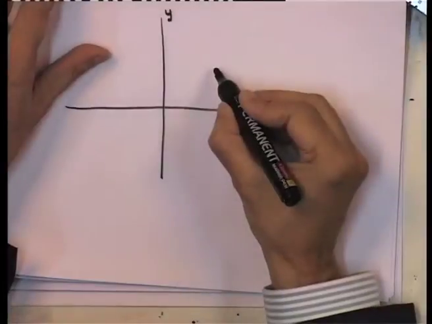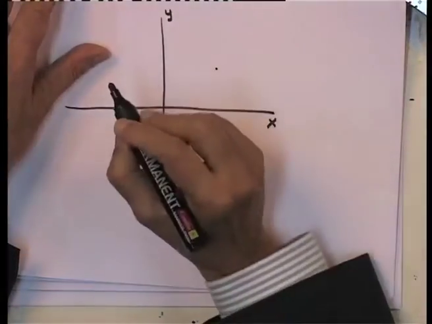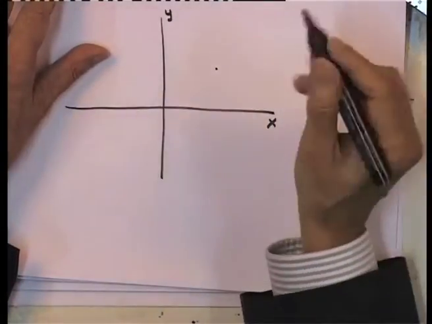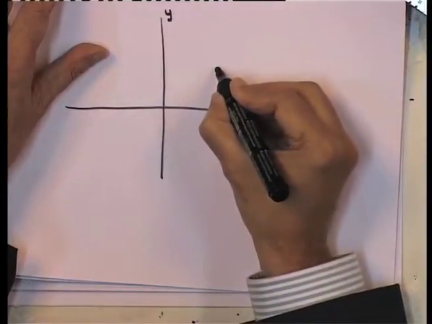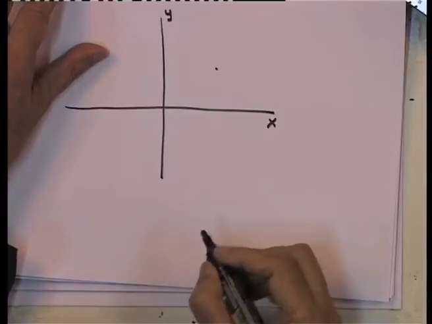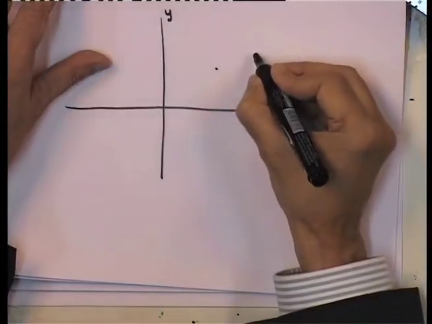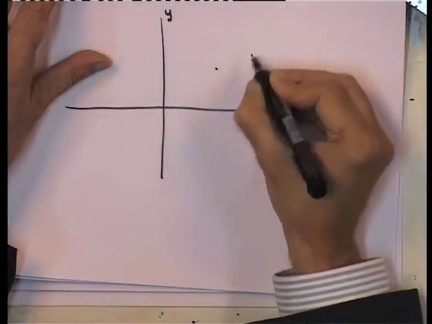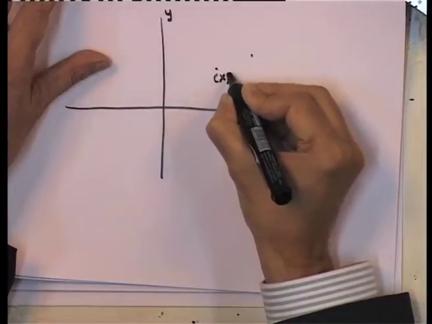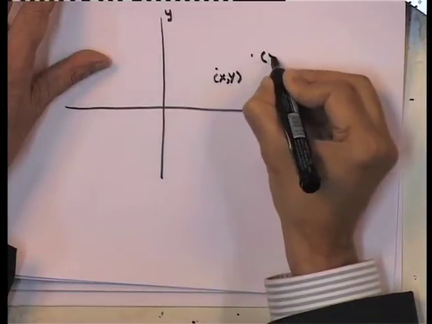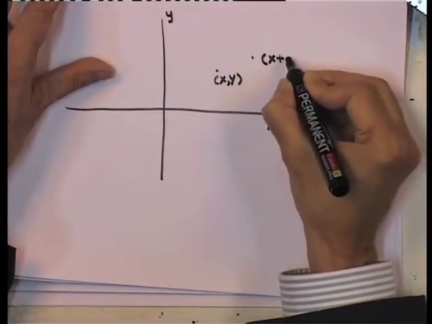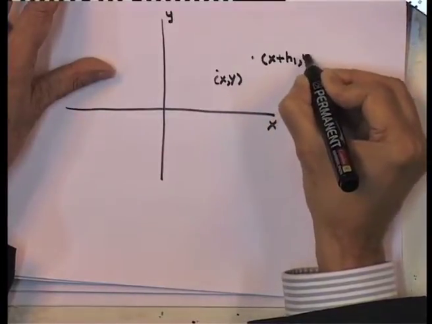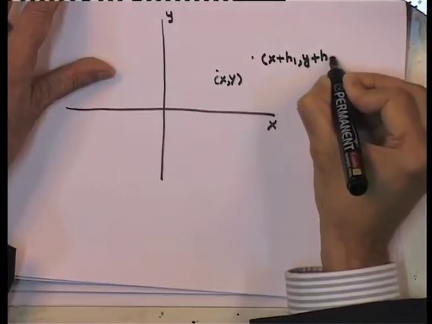So, supposing I am at this point, some value of x y, and I want to find out the value of the same function at the point x plus, if you like, h 1 and y plus h 2.